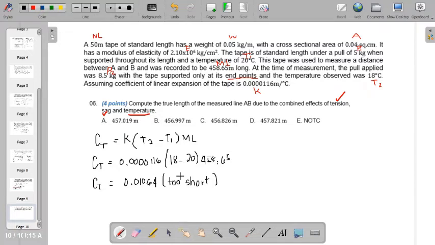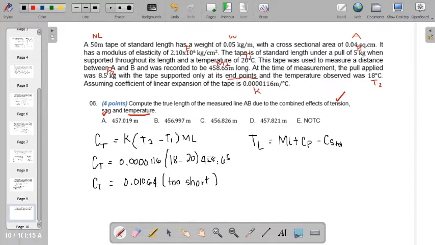Now we're going to apply the correction to the tape AB, or the total length. We have TL, wherein the measured length plus, of course, the correction due to pull, which is positive, and then we always subtract the correction due to sag.